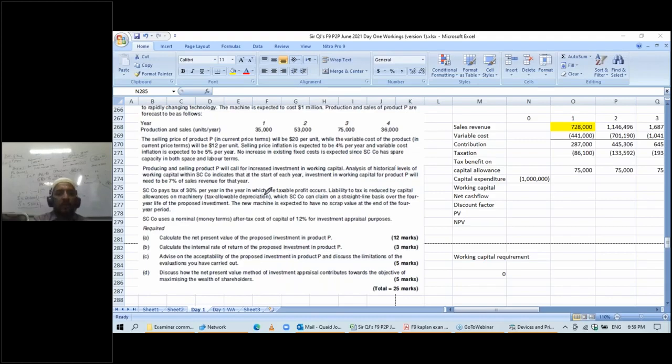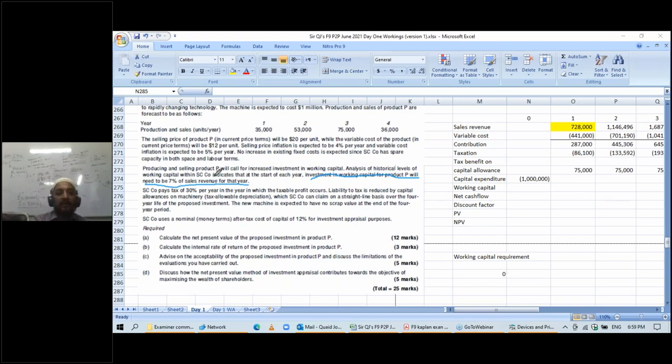So what the question says is that investment in working capital for product P will need to be 7% of sales revenue for that year.